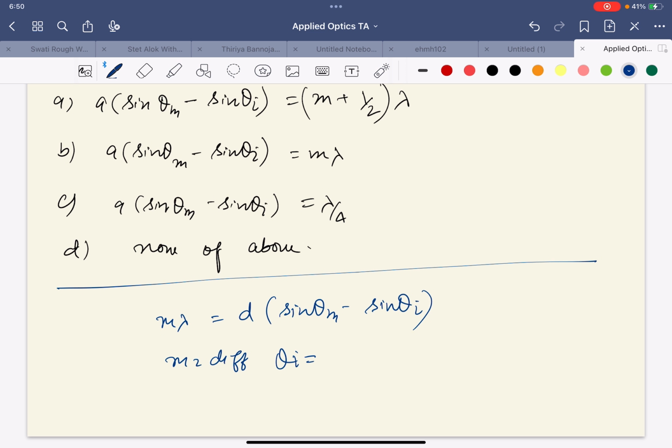So oblique incidence means that the incident light hits the grating at an angle theta i. If this is the grating, this is the normal, and this is the angle theta i, which we call the oblique angle.